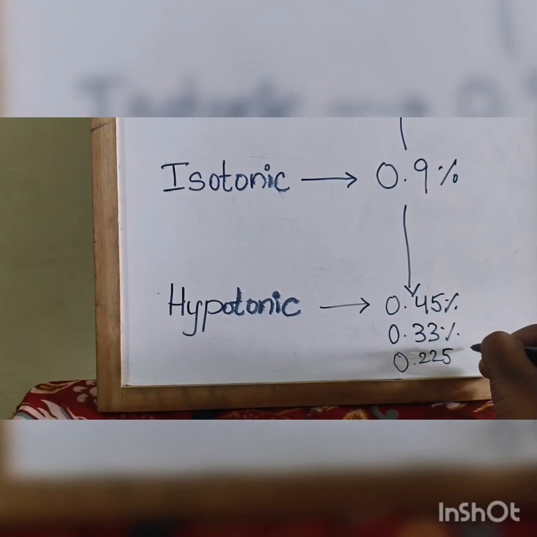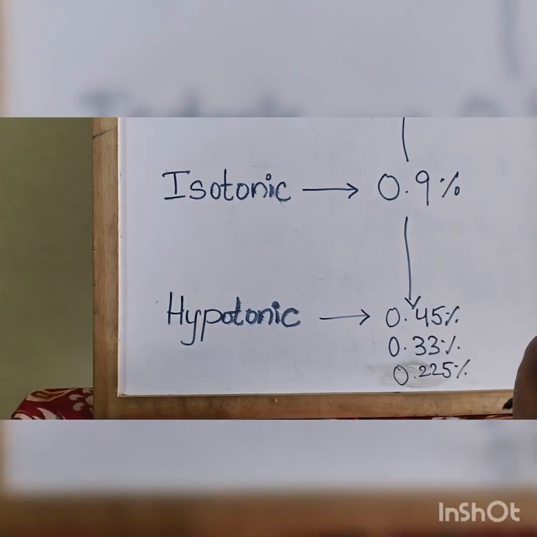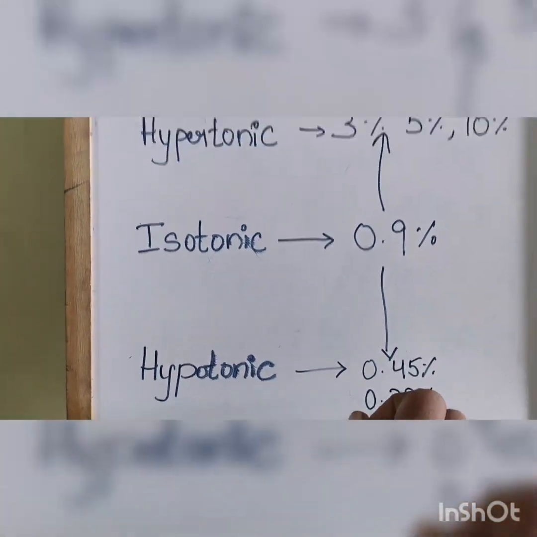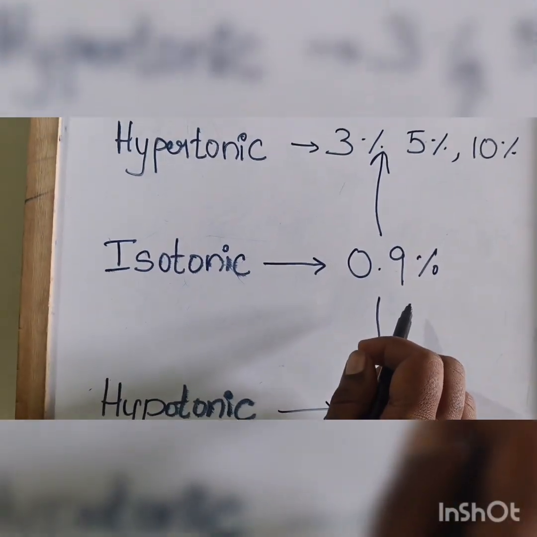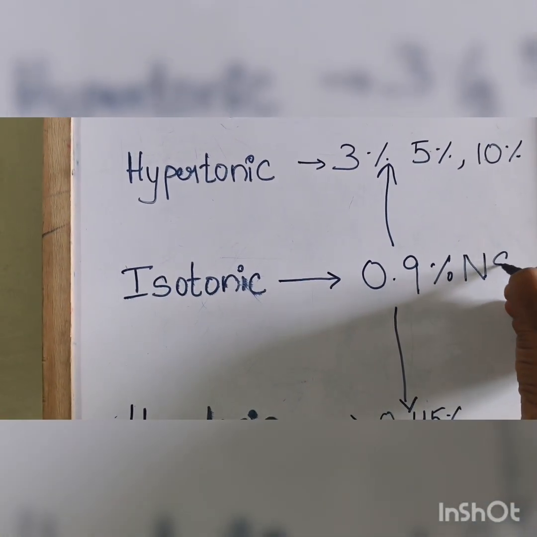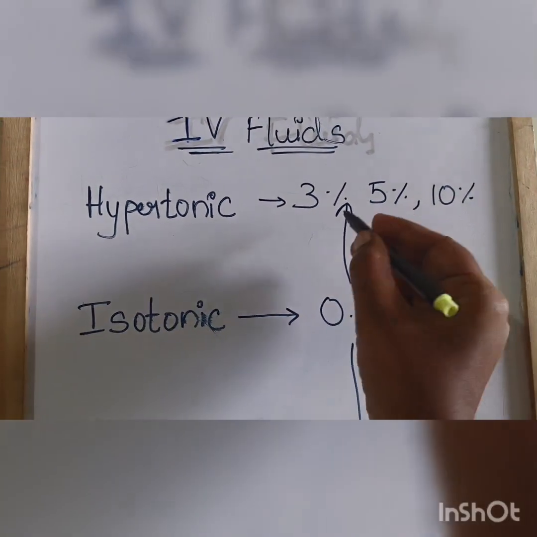These three are hypotonic solutions. Whatever is above 0.9 comes under hypertonic, and below 0.9 comes under hypotonic. This 0.9% is NS, and NS is an isotonic solution.